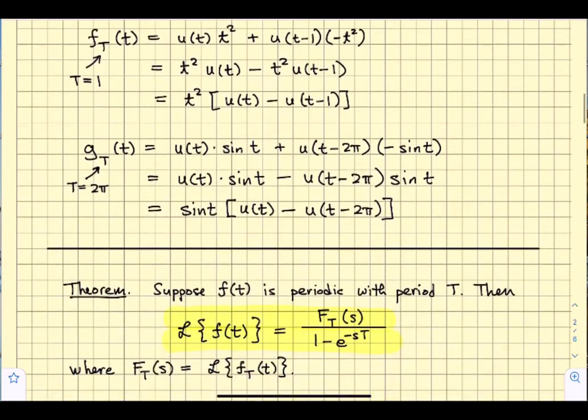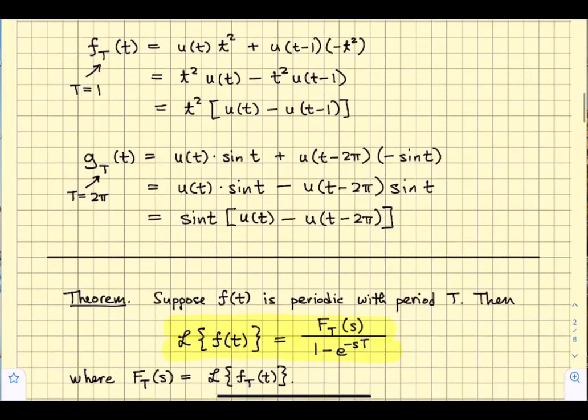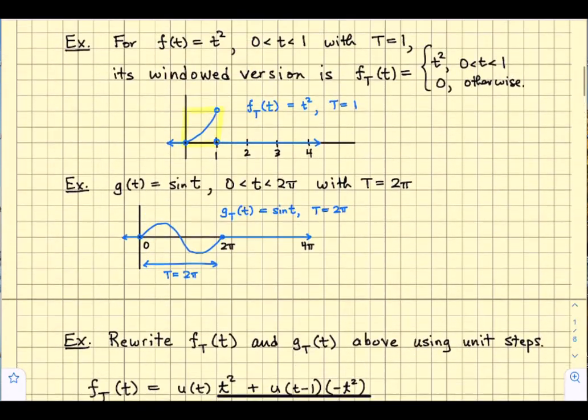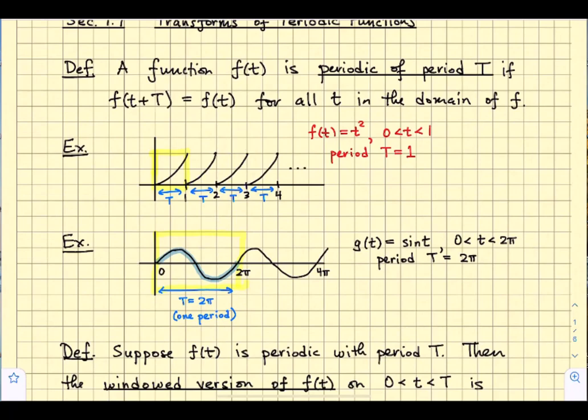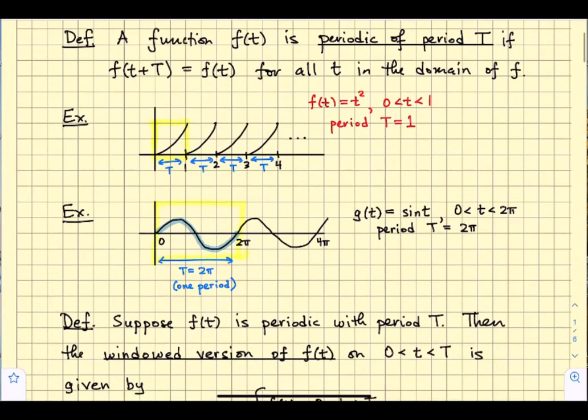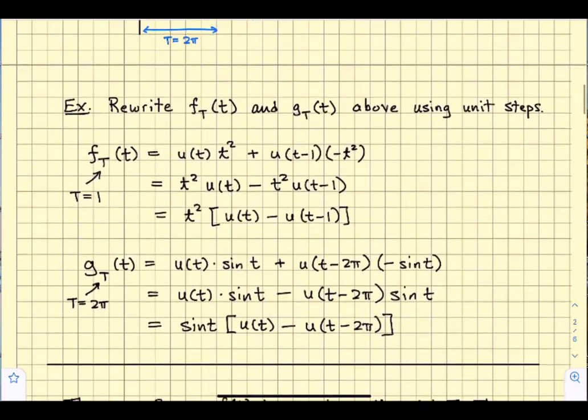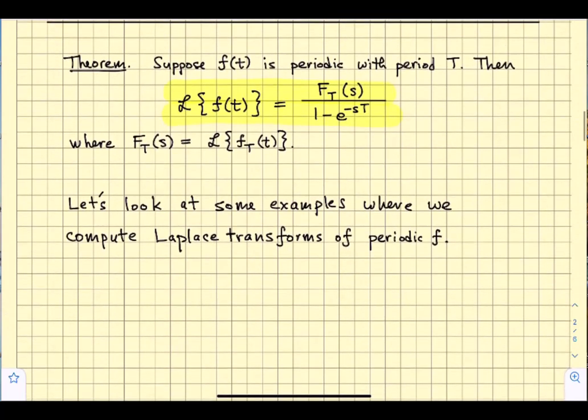Okay, so our next goal is to calculate Laplace transforms of not just windowed versions, but of full-blown periodic functions when we know the period. In preparation for doing that, we have a new theorem. This is a new entry in our table, and it simply says, suppose little f of t is a periodic function with period capital T, so this is the full-blown periodic function.